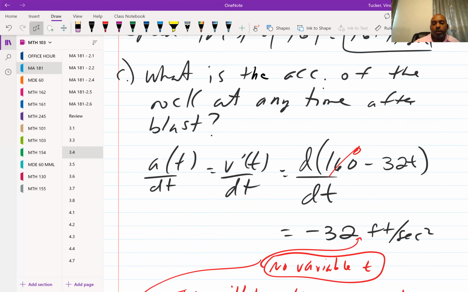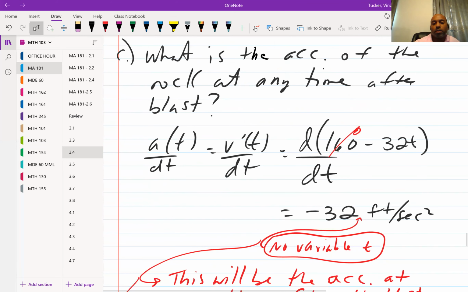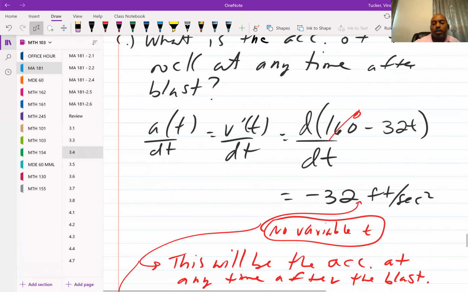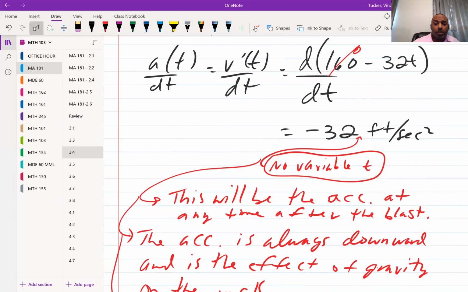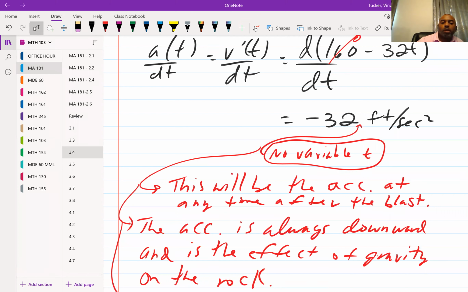And the derivative of negative 32t is just negative 32. Just like before with that 9.8, there's no variable. So this means the acceleration at any time after the blast will be negative 32. The other note says the acceleration is always downward and is the effect of gravity on the rock.